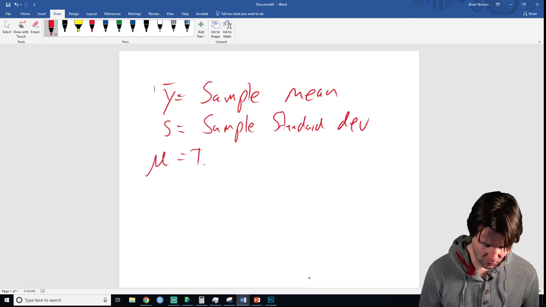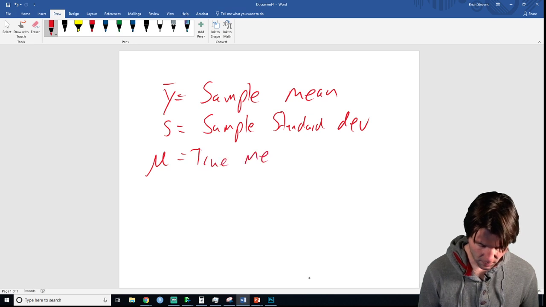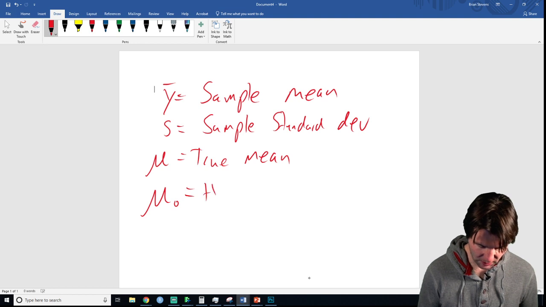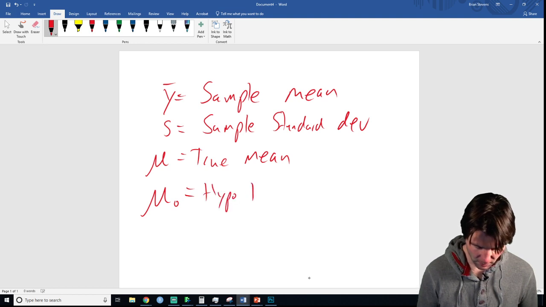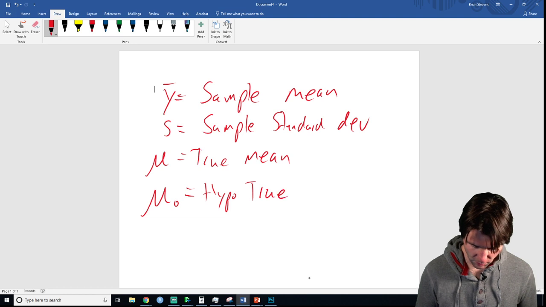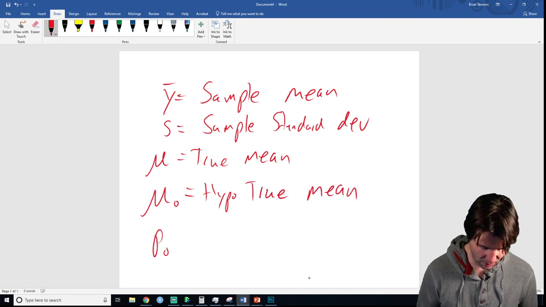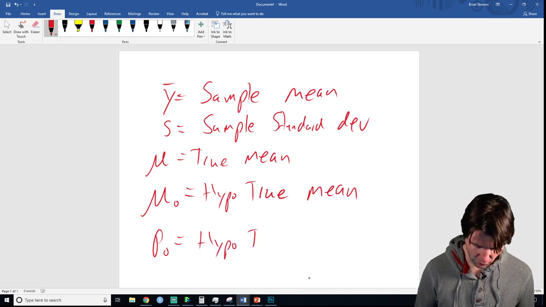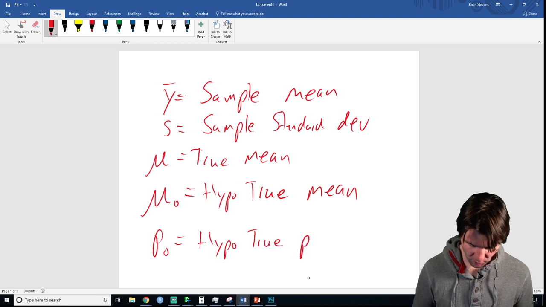Mu represents the true mean. Mu naught is the hypothesized true mean. Please note, and I try to make this clear, whenever you put a p naught, that would be the hypothesized true proportion.